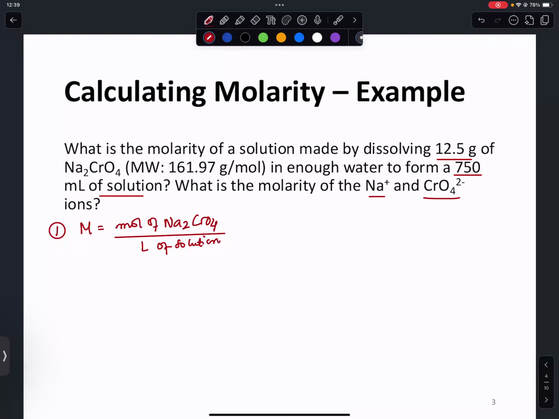Note here that we're starting with a mass, so we will have to convert from mass to moles using the molar mass of sodium chromate, which is given to me right here. So I can say that it's 12.5 grams of sodium chromate times 1 mole, so I'm dividing by the molar mass of sodium chromate.